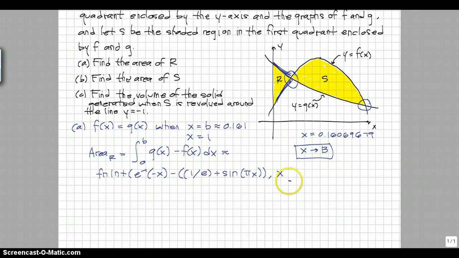I want to start at 0, and I want to go to b. So I comma alpha b, and close off those parentheses, hit enter.